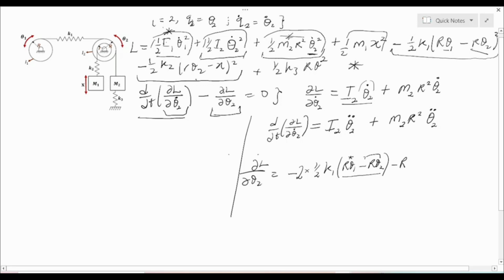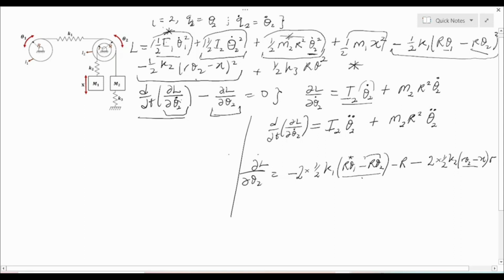So for differentiating this term also with respect to theta 2, we are going to get minus. Our minus sign remains as usual. This also has a power, so 2 times half times k2 into brackets (r theta 2 minus x). Of course, the power is left, and if you differentiate the inside, what you likely get is r, so you multiply that by r.